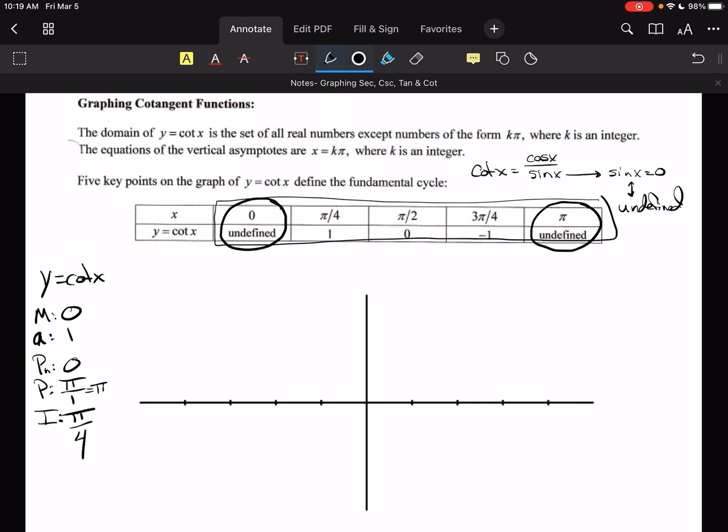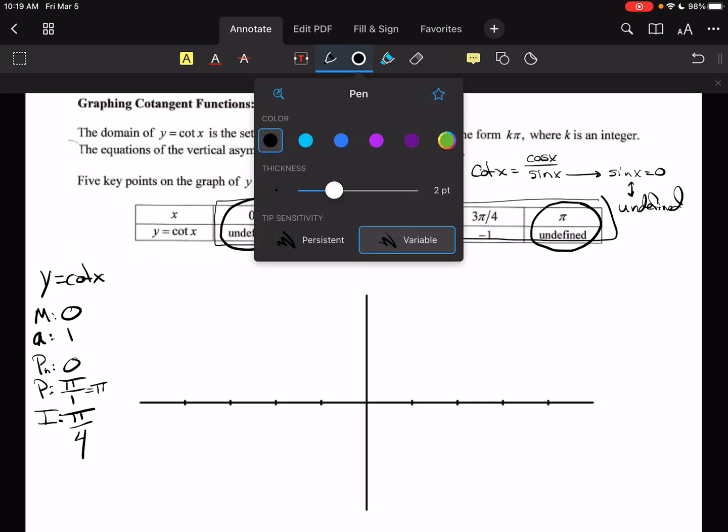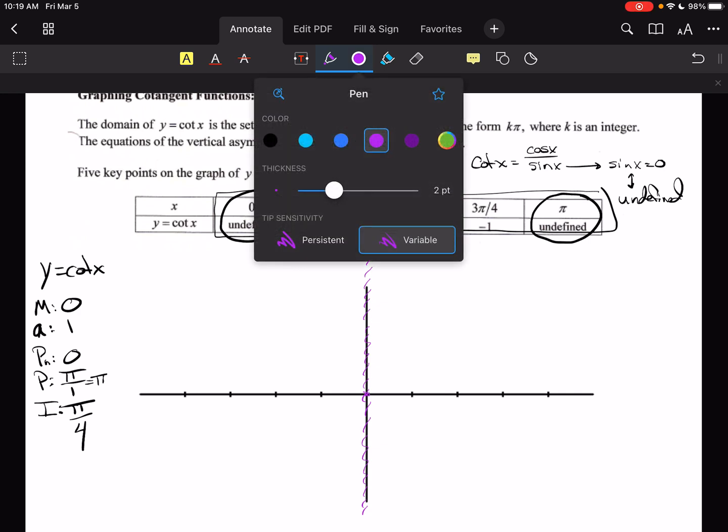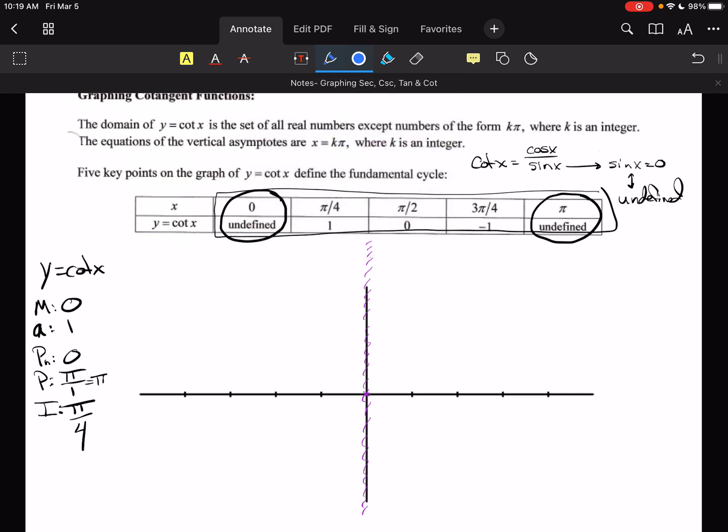So when I think about my table, my key points, sine usually starts here, because that's when sine's 0, that's going to give me an asymptote for cotangent. And my A value is 1, so let's go ahead and put that here and here.